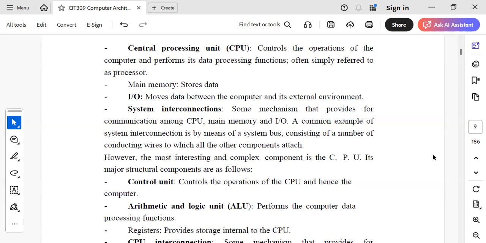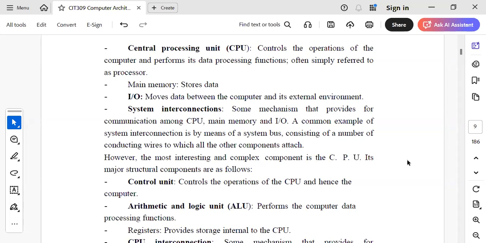The third one is input and output, which moves data between the computer and its external environment. The fourth main structural component of the computer is system interconnection: some mechanism that provides for communication among CPU, main memory, and input and output. A common example of system interconnection is a system board consisting of a number of conducting wires to which all the other components attach.